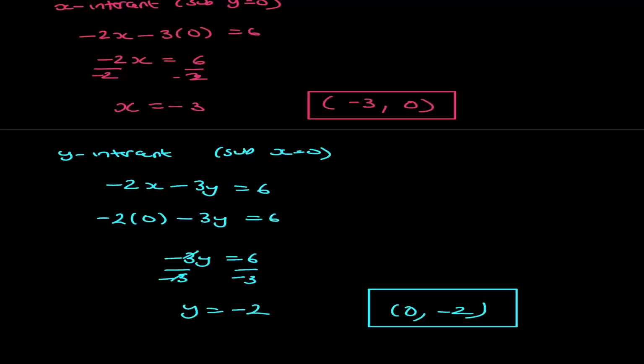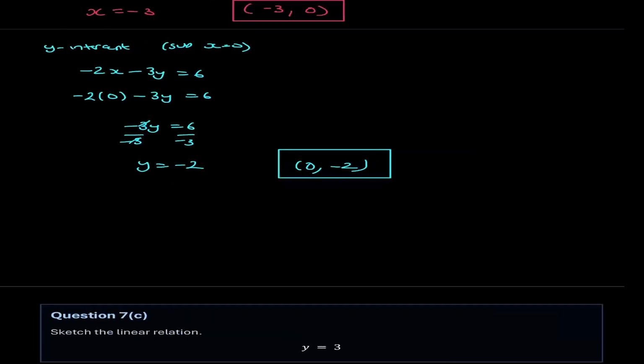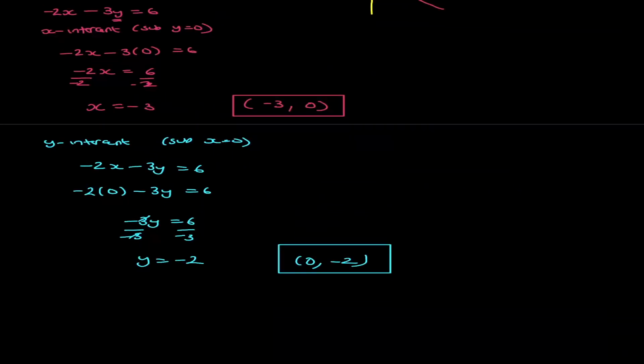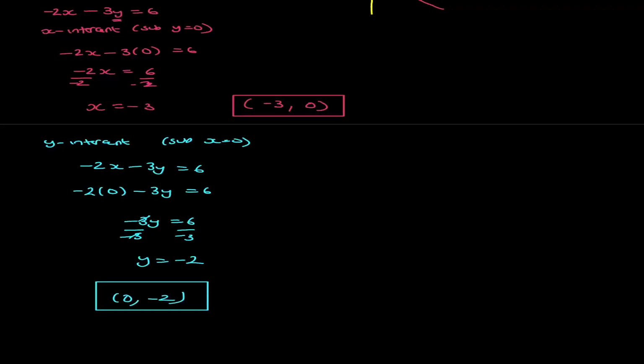So let's draw our graph and plot those points in. Let me just move that over here so we have a bit of space. We're going to draw my Cartesian plane. My y-intercept was (0, -2), which I'm going to say is over here, and my x-intercept was (-3, 0), let's say that's over here.